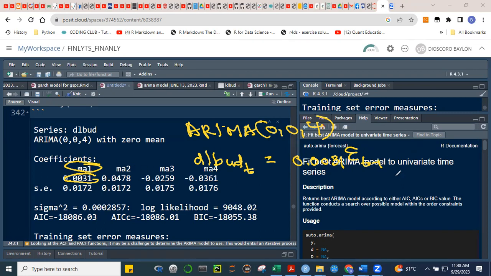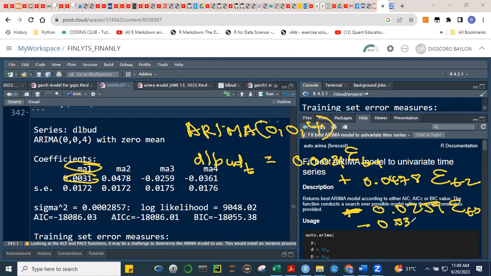So for MA2, I'll write it here: plus 0.0478 times epsilon t minus 2. And then plus negative 0.0259 times epsilon t minus 3. And then minus 0.0361 times epsilon t minus 4.